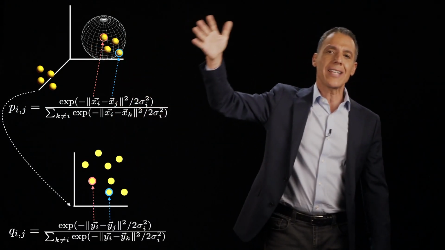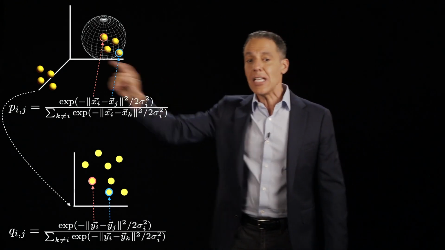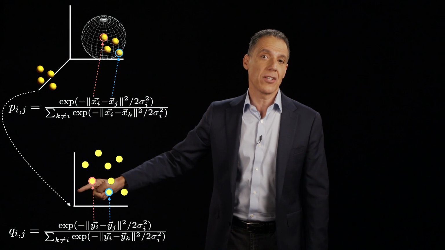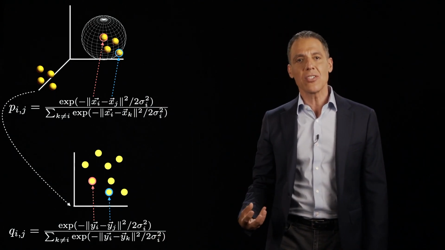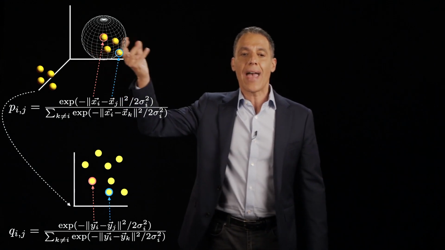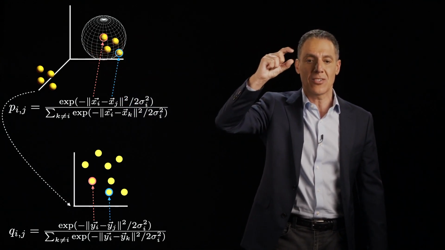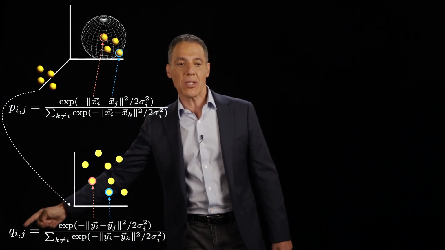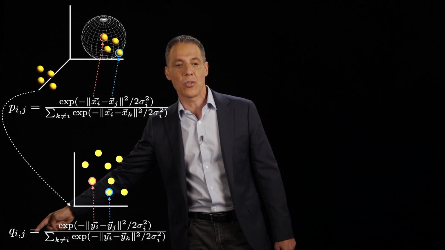Now, I want to project that data, say, into a 2-dimensional space. And each point here is going to be represented in a 2-dimensional space. This is my dimensionality reduction. And what I'd like to do is preserve that relationship in the original space in terms of distances. So I'm going to compute a similar metric in the low-dimensional space. Let's call that q.